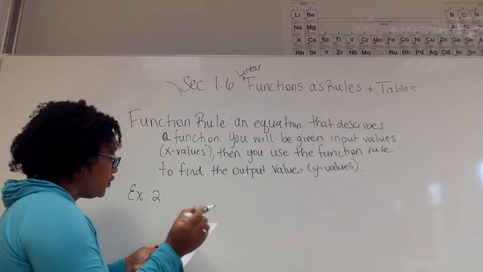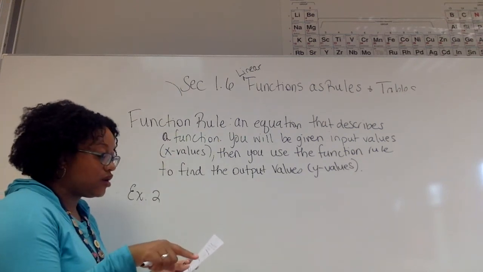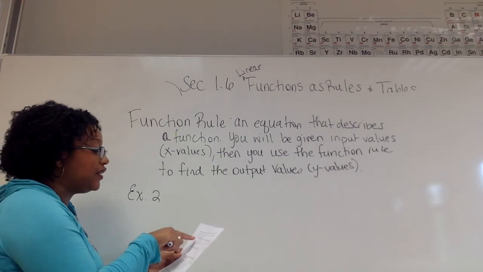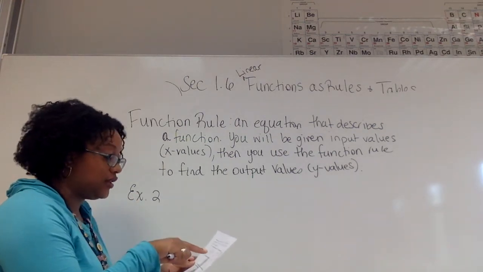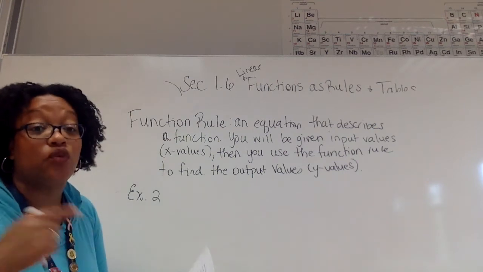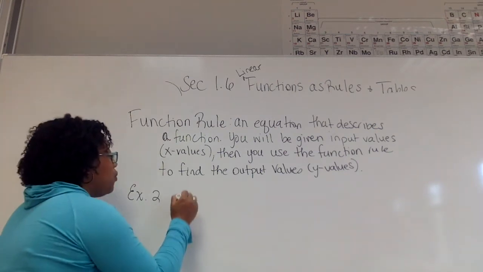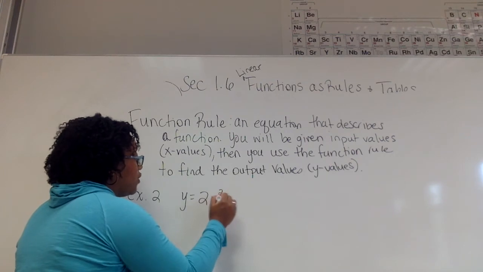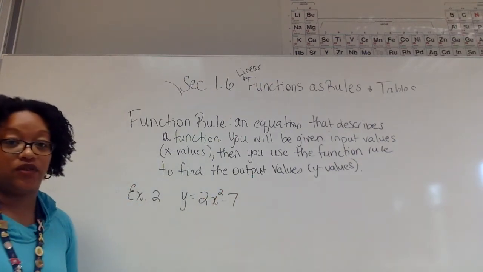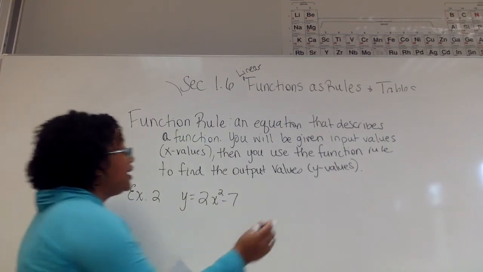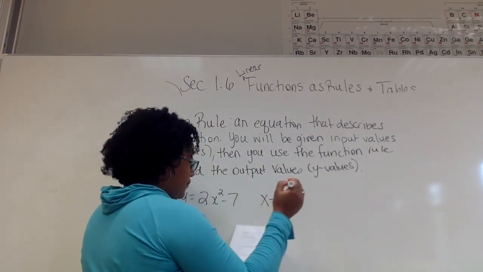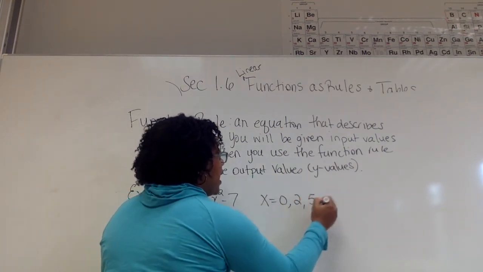Okay? Example 2, if you look at your directions, it says the domain, remember the domain's your input, for the function, and you see the function equation, that's the rule. The rule is y equals 2x squared minus 7. So that's your function rule. The domain for this function rule is 0, 2, 5, and 7.